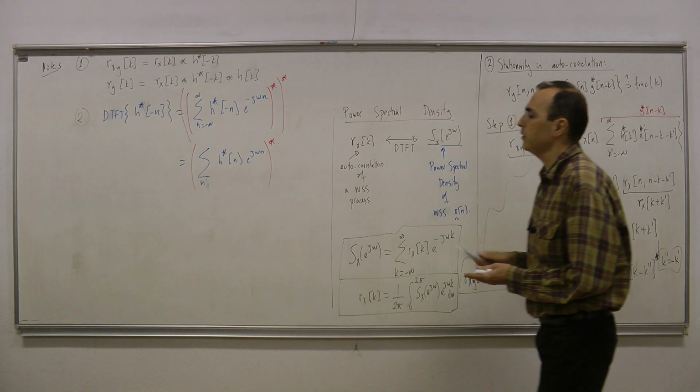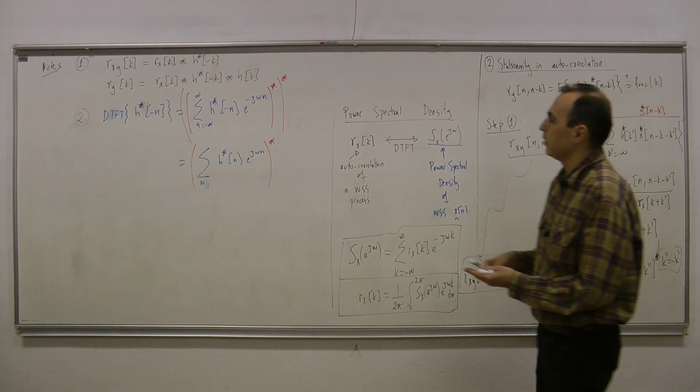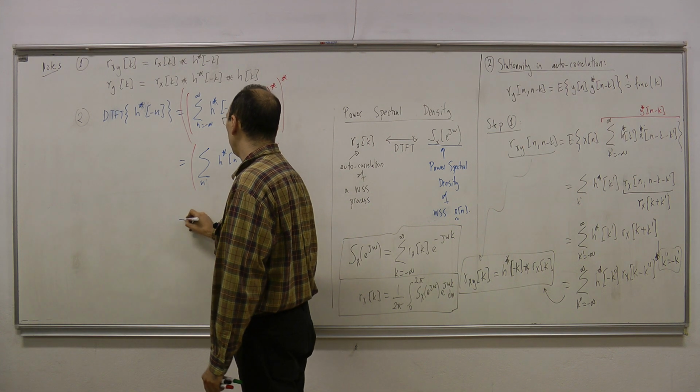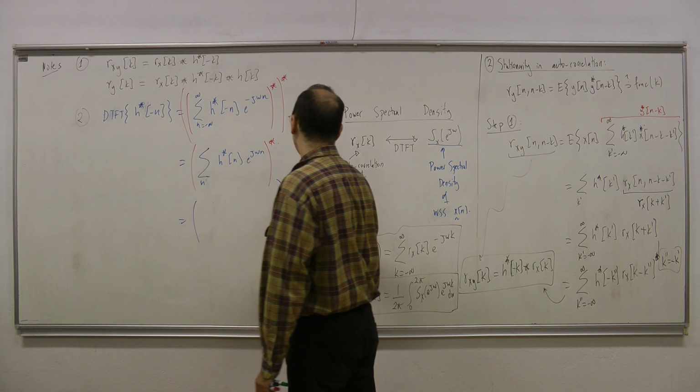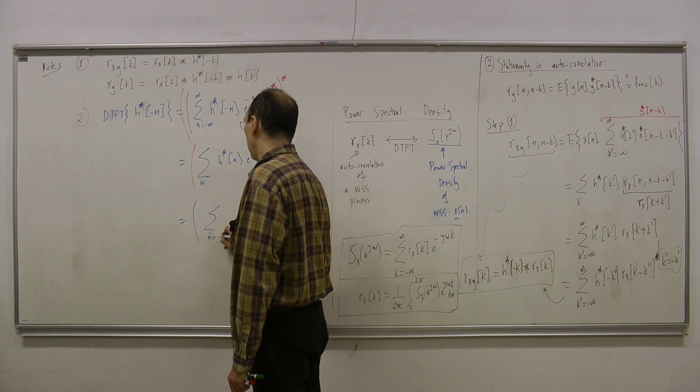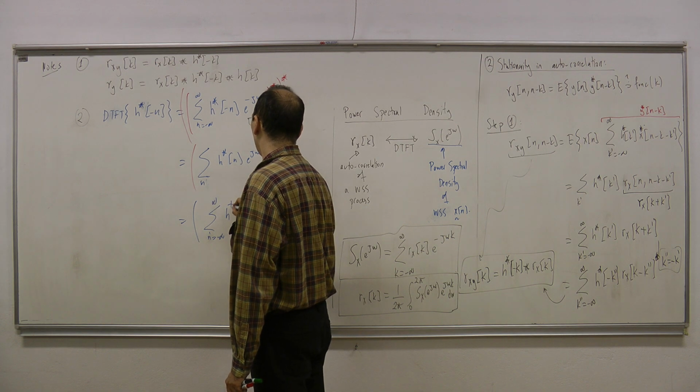Then again I change my variable: n prime is equal to minus n. So again this is minus infinity to infinity.